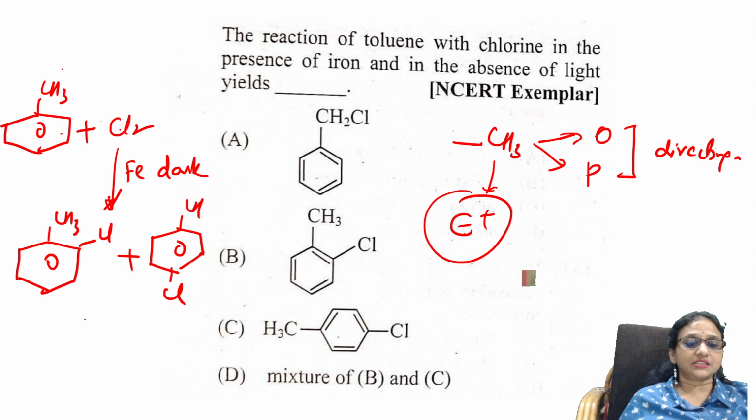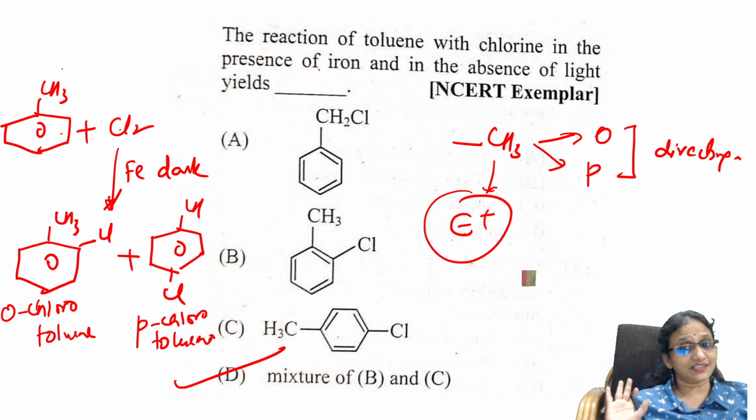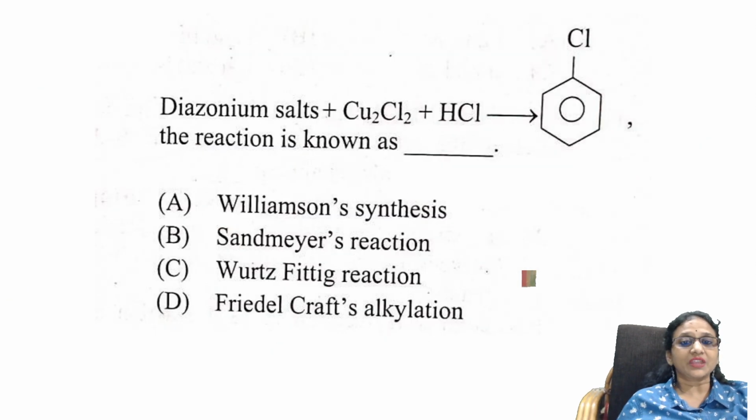Got it, students? So this is orthochlorotoluene, and this is parachlorotoluene. Para is stable. Now, what did they ask me? The reaction of toluene with chlorine. What does it give? Mixture of B and C. Option B is right.